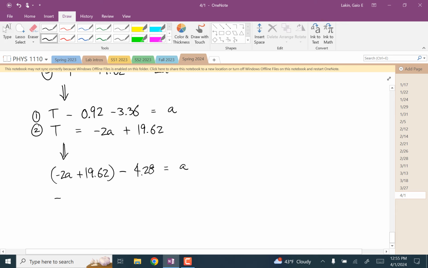And so you get negative 3a is equal to 15.34. And so a is equal to negative 5.11 meters per second squared.